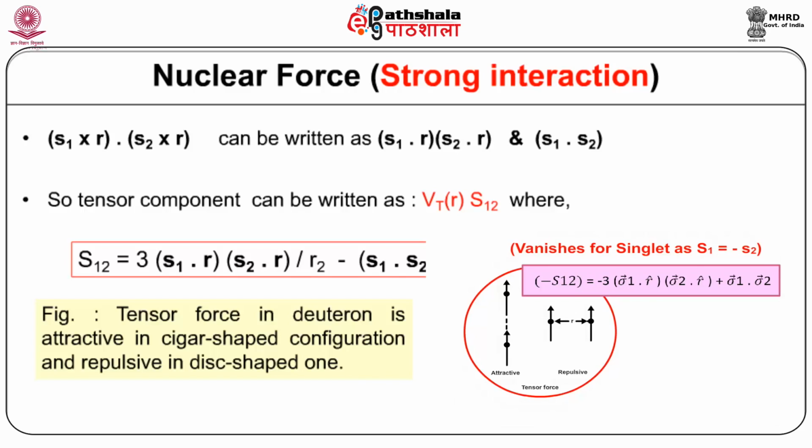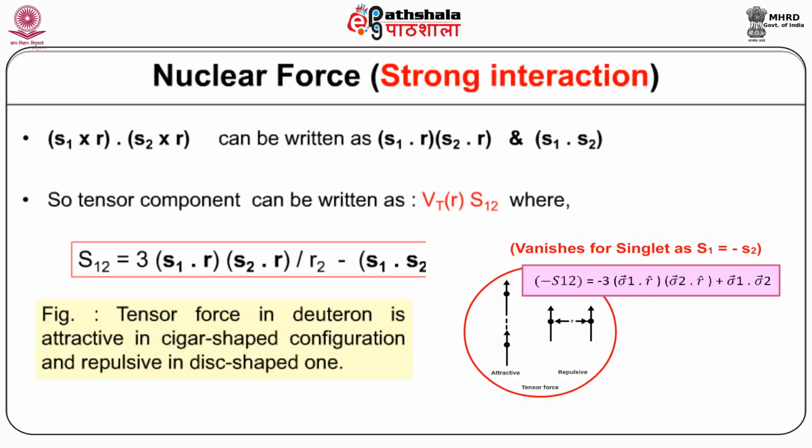The tensor component can be of the form S1 cross r dot S2 cross r and can be written as S1 dot r into S2 dot r and S1 dot S2. So the tensor component can be written as V_T S12, where S12 is equal to 3 into (S1 dot r) into (S2 dot r) upon r squared, minus S1 dot S2.